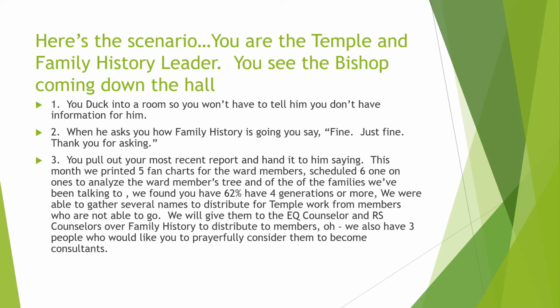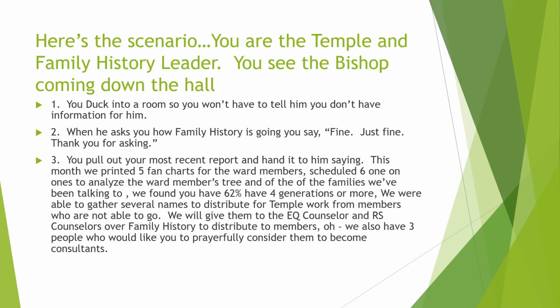And number three, you pull out your most recent report and hand it to him, saying, this month we printed 5 fan charts for ward members, and we scheduled 6 one-on-ones to analyze the ward members' tree. And of the families that we've been talking to, we've found that 62% have 4 generations or more.